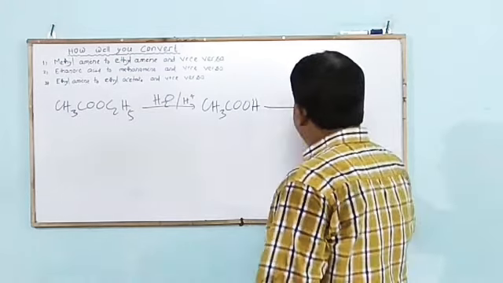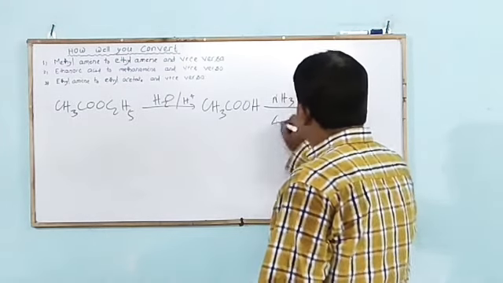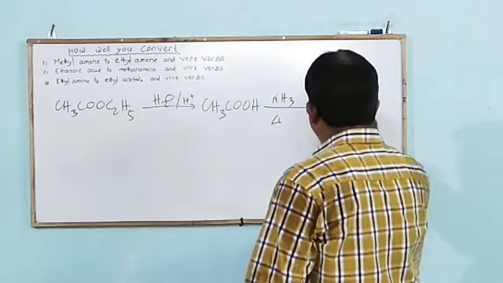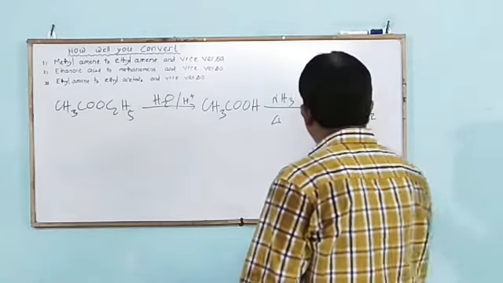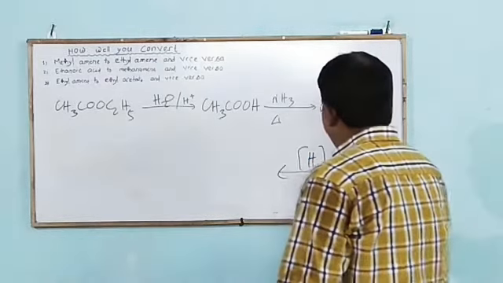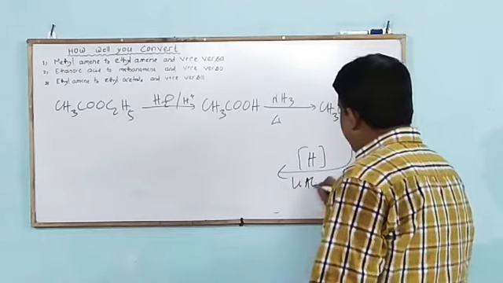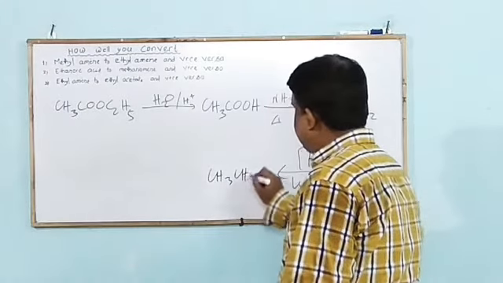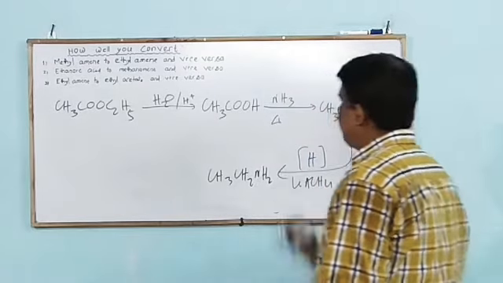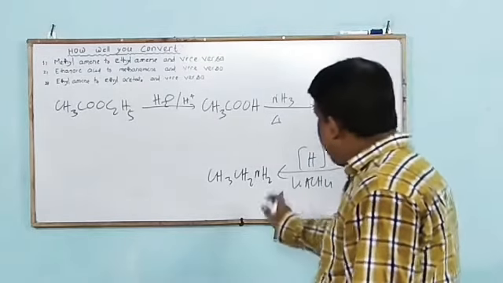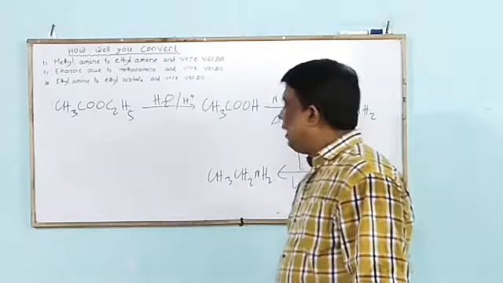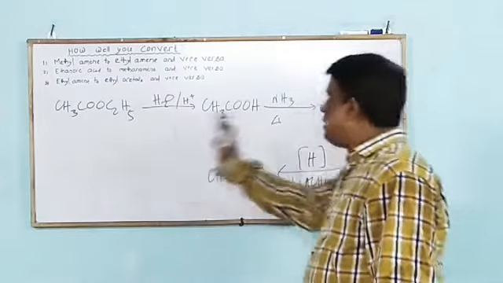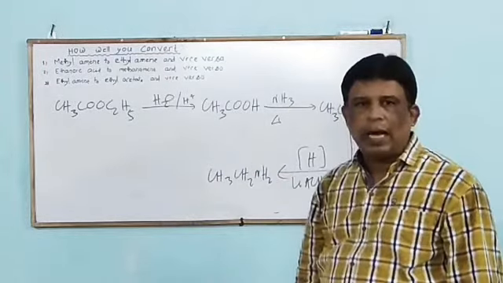Acetic acid heated with ammonia forms acetamide CH3CONH2. Acetamide, when reduced with LiAlH4, forms CH3CH2NH2. So in this way, ethylamine is transferred to ethyl acetate, and ethyl acetate to ethylamine.